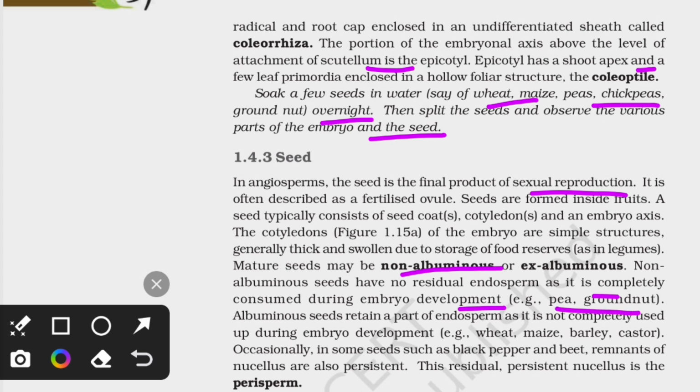Albuminous seeds retain a part of the endosperm as it is not completely used up during embryo development, for example wheat, maize, barley, castor. Occasionally in some seeds such as black pepper and beet, remnants of the nucellus are also persistent. This residual persistent nucellus is the perisperm.